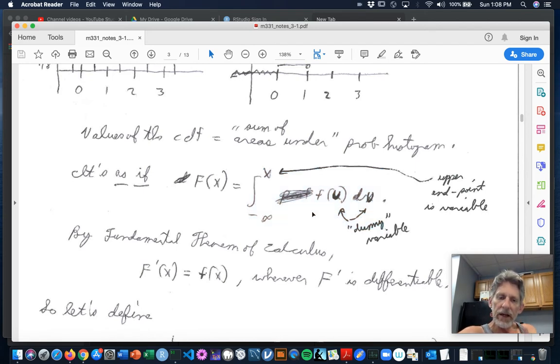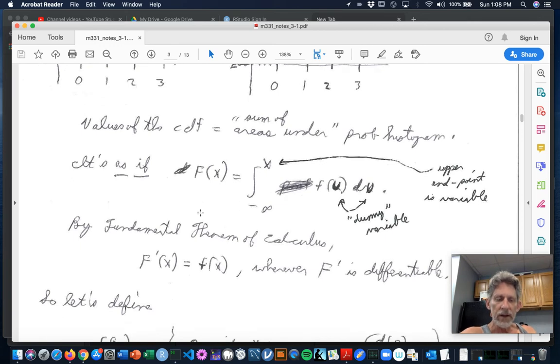But remember back in Calc 1, the fundamental theorem of calculus had two versions. One version you used to find definite integrals, where you took the antiderivative and evaluated it, upper endpoint minus lower endpoint. We do that a lot. And then there was the other version, which was really more important, and was even used to prove the version you use a lot.